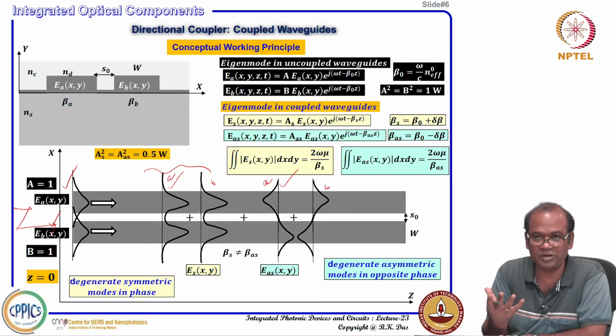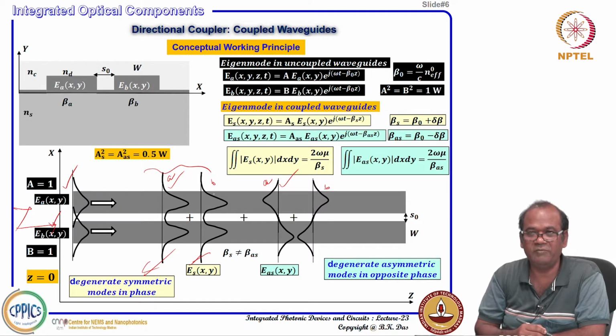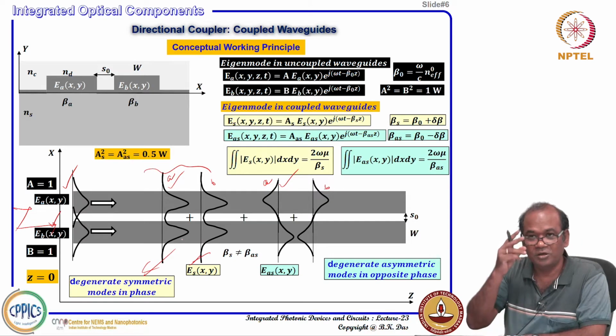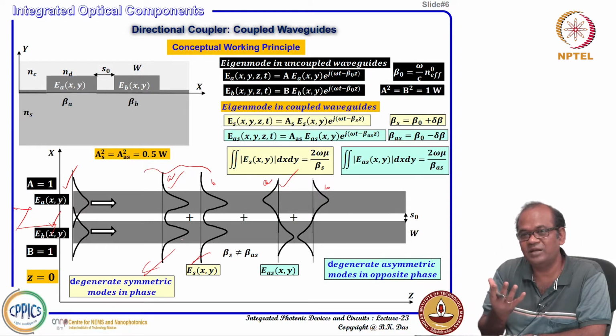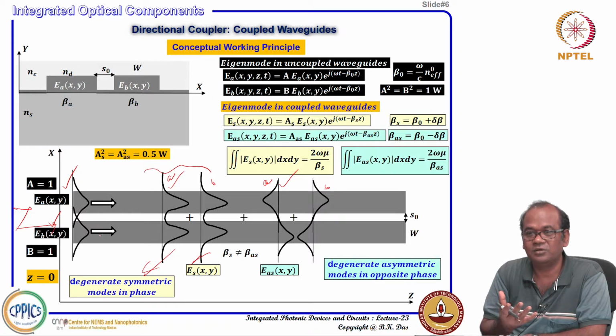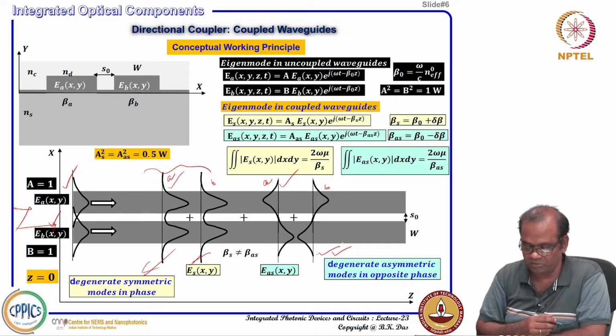Their solutions are different, one coming from waveguide A, another from launching waveguide B, but since the propagation constant is the same, they can be considered degenerate, though actually it is one mode solution you can think of. Similarly, here also degenerate anti-symmetric super modes are there.